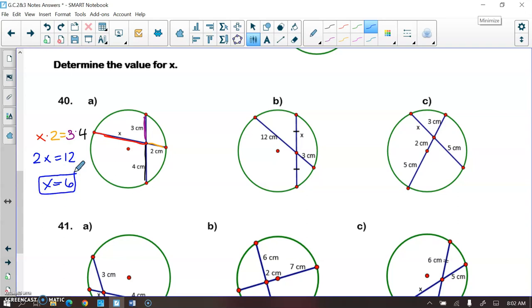All right, so the next one. This time, this portion of my chord and this portion of my chord are equal, so I can label this x. So if I do x times x, that would be equal to 12 times the other portion of that chord, 3.